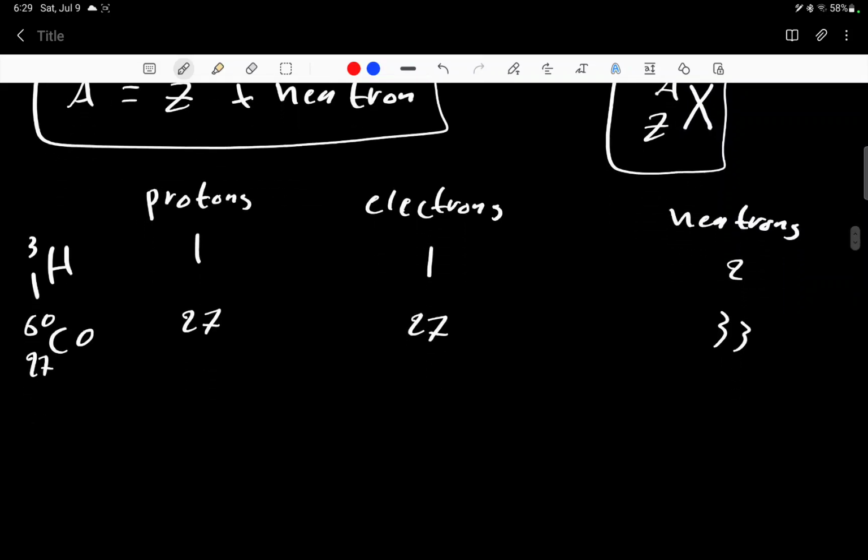Now another example is tellurium, which is Te 2 minus, and it has an atomic mass of 127 and an atomic number of 52. So the number of protons is going to be equal to 52 because the atomic number is 52. And the number of electrons is going to be more than the number of protons by 2 because we have a 2 minus sign here.